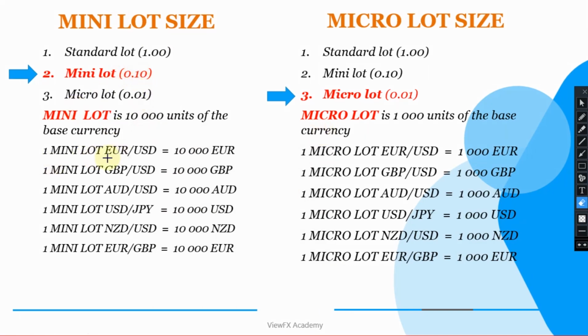So 1 mini lot means 10,000 units of euro, and also 10,000 units of any base currency associated here. And the micro lot size, which is 0.01. So 1 micro lot of euro USD is 1,000 units of euro, or any other base currency associated with the currency pair.